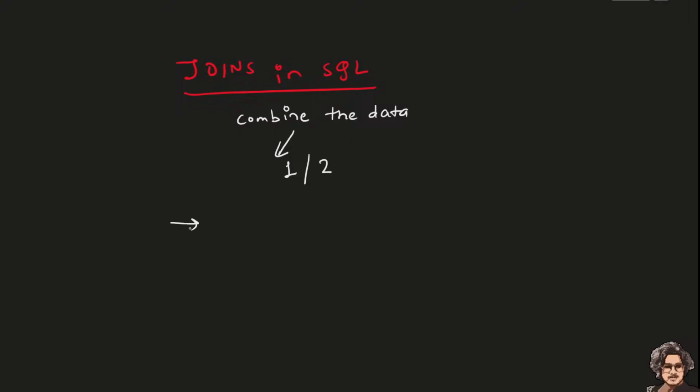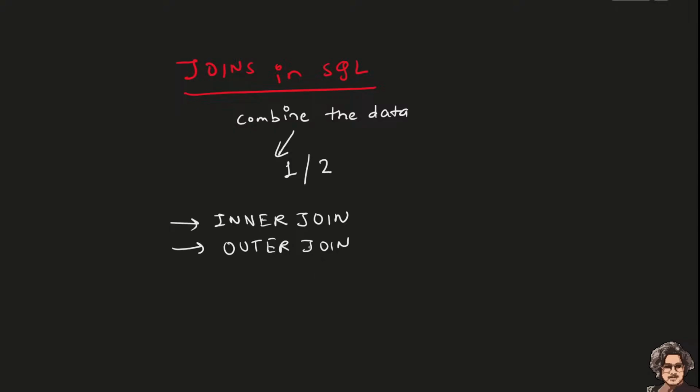So we have types of join. First of all, inner join. Then outer join.